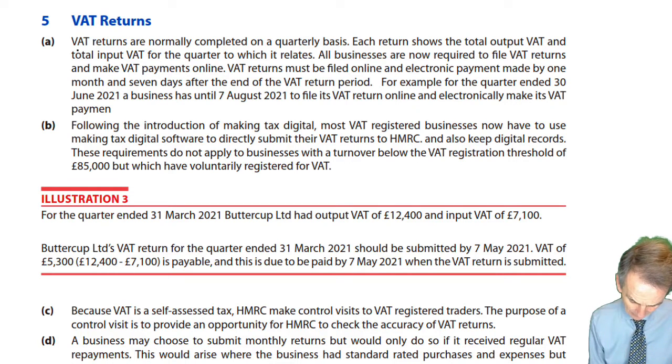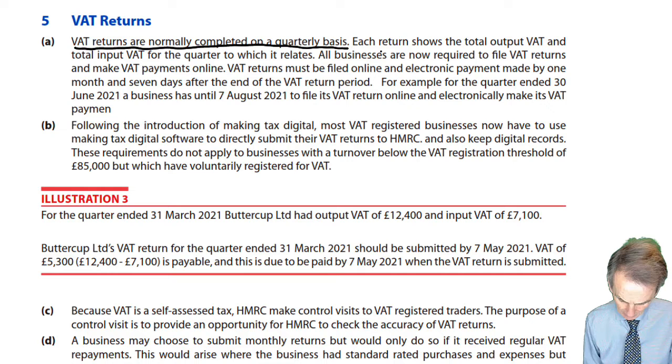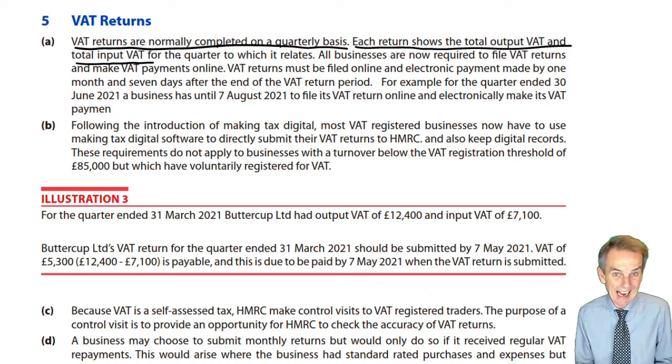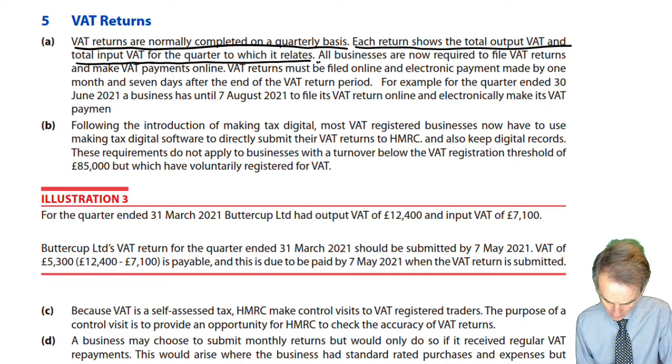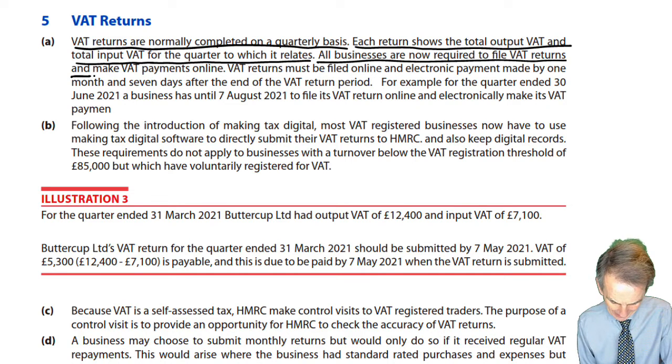So what have we got here, therefore? VAT returns are normally completed on a quarterly basis. Each return shows the total output VAT and total input VAT, as we computed in the previous illustrations in the last lecture, for the quarter to which it relates. All businesses are now required to file VAT returns and make VAT payments online.